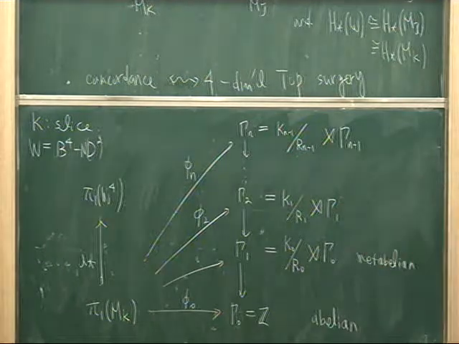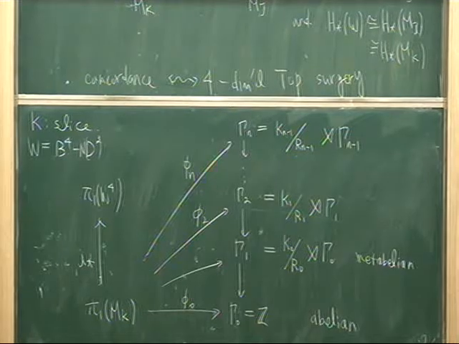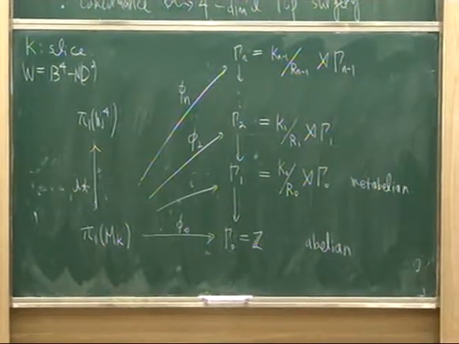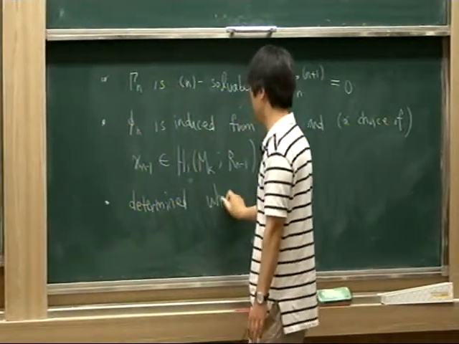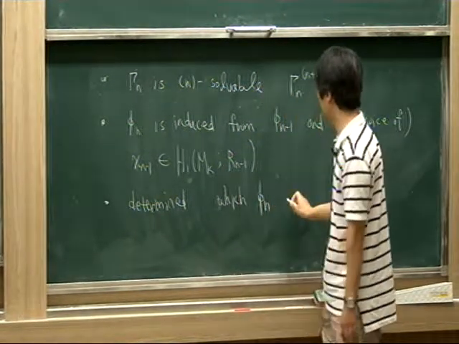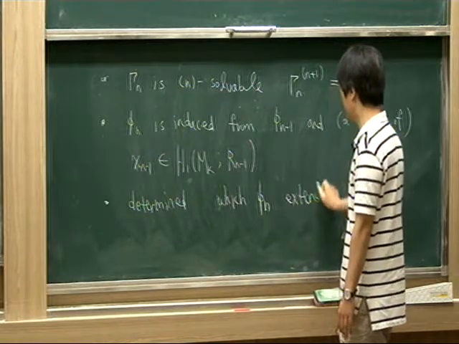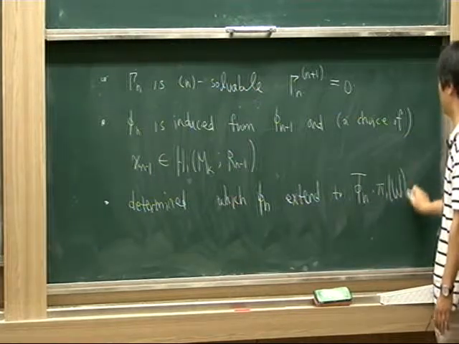So the problem is, how can we determine which representations are extendable to the slice disk complement? That is the most challenging part, and they clarified it. So they determined which Vn extend to Vn bar, into gamma n.